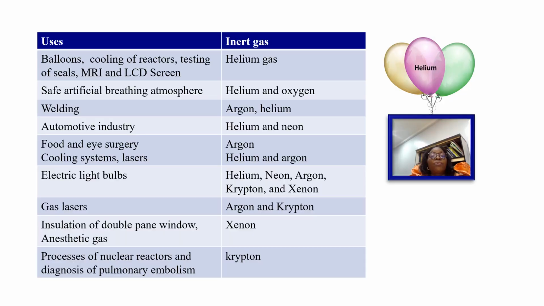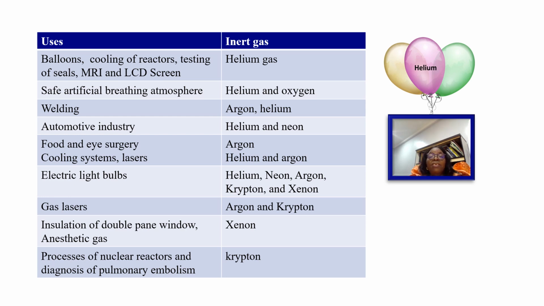Uses of the noble gases. These gases are very useful to humanity. Helium gas is used to blow balloons, in fire extinguishers, in airbags, cooling of reactors, testing of seals, and for MRI and LCD screens.